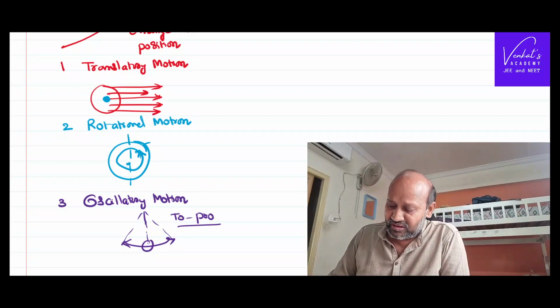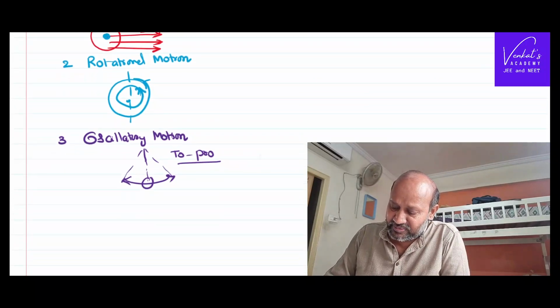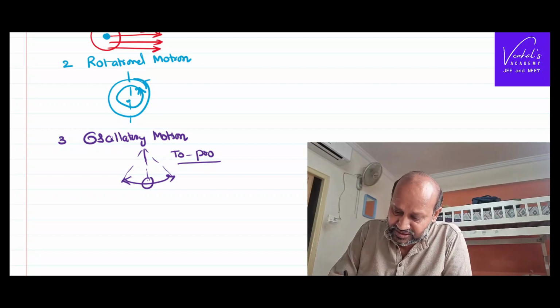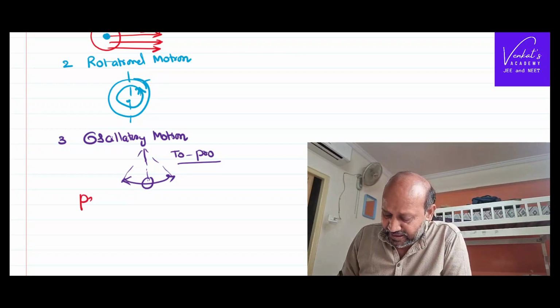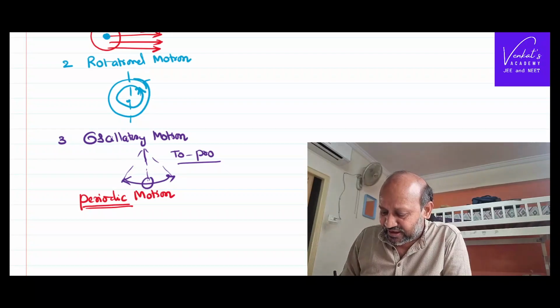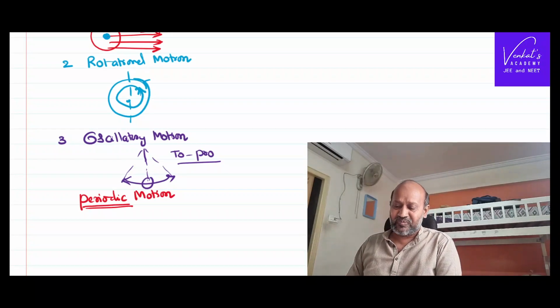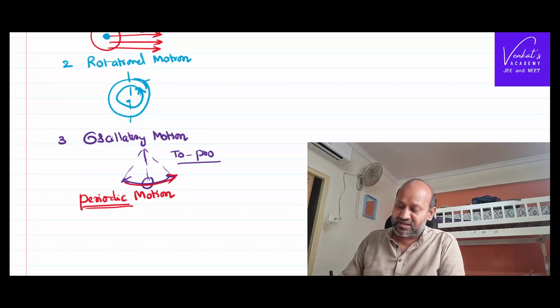Before going into oscillatory motion, let me tell you about a term called periodic motion. What do you mean by a periodic motion? The name itself tells you: it repeats at regular intervals of time. So oscillatory motion is a periodic motion.